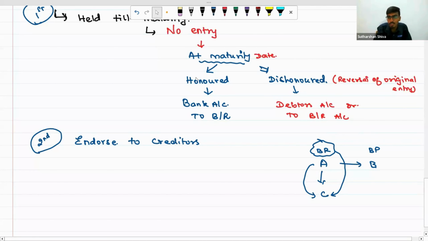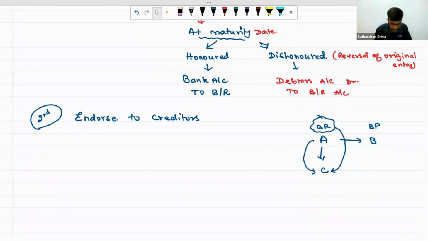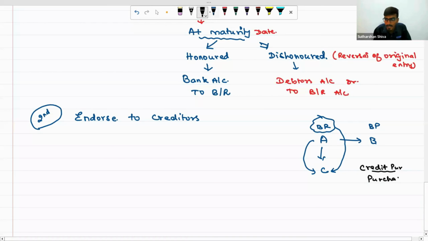So for this endorsement to creditors, what is the simple journal entry at the time of making a credit purchase? It is nothing but purchases to creditors, correct?